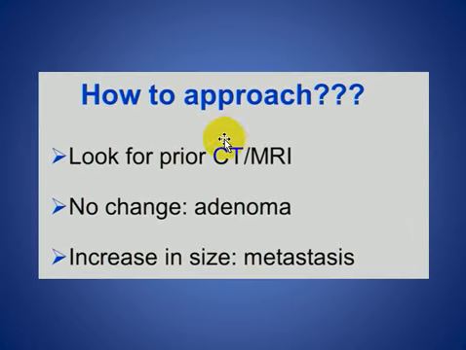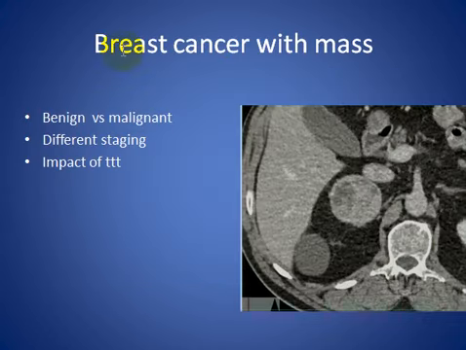How to approach? Look for prior CT or MRI. If there is no change, it is a benign lesion, adenoma. If it is increased in size, metastasis is most likely. Breast cancer with mass lesion, as in this example: is it benign or malignant?